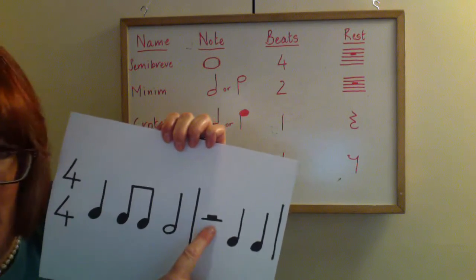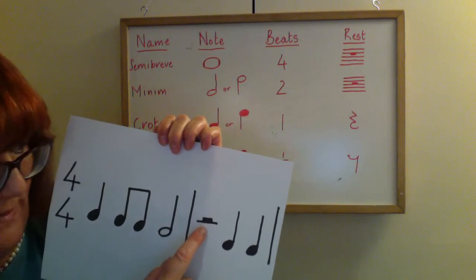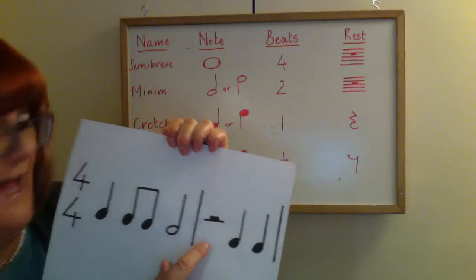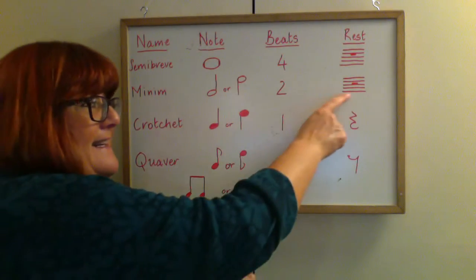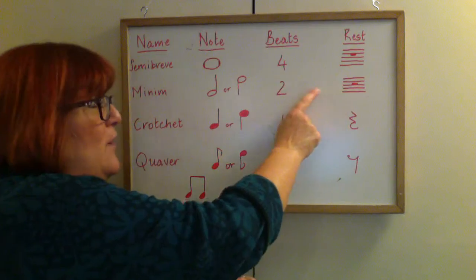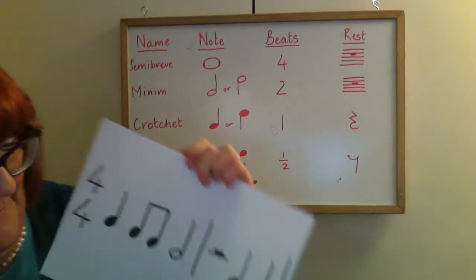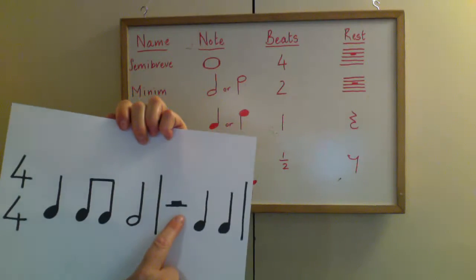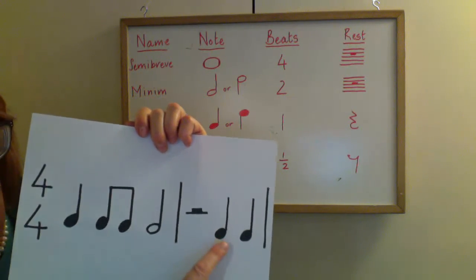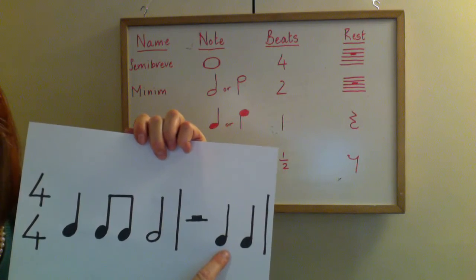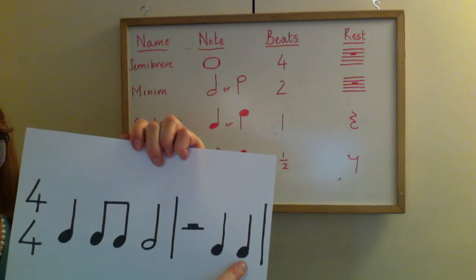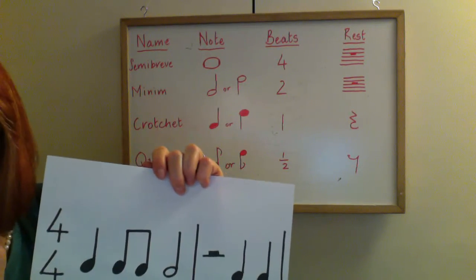And then what have we got here? We haven't seen this one today on the other sheets. Look, it's the little hat. So it's a minim rest and it's worth 2 beats. So we've got 2 beats here, and then we've got a crotchet note and a crotchet note. And how many beats are on each crotchet note?